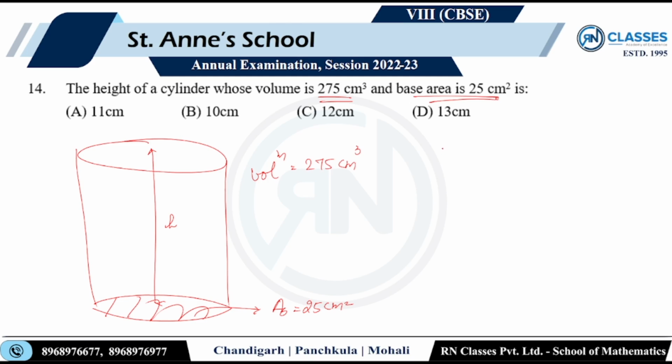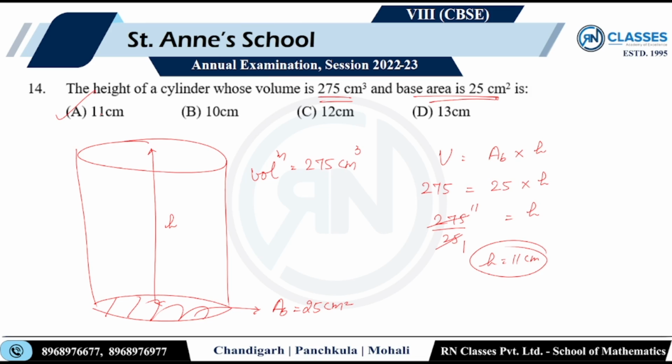Okay, so look, volume is equal to area of base into height. This comes out to be 275. What is area of base? That is 25 into height, right? So height is equal to 275 by 25. How many times will 25 go in? 25 into 10, meaning 25 goes in 11 times. So h is equal to 11 centimeters.